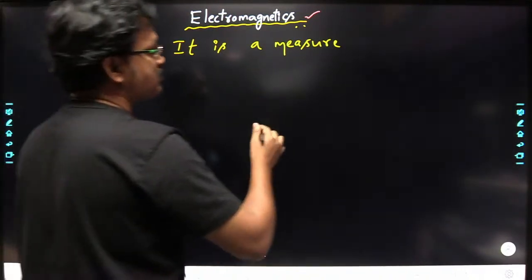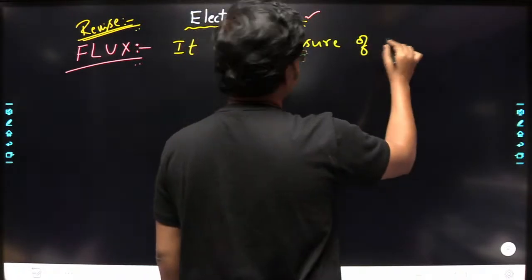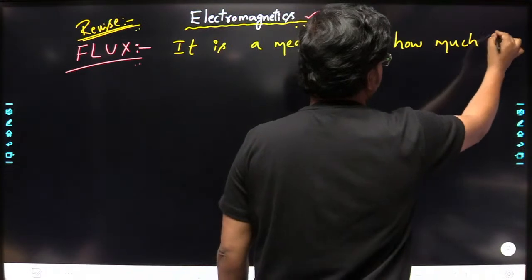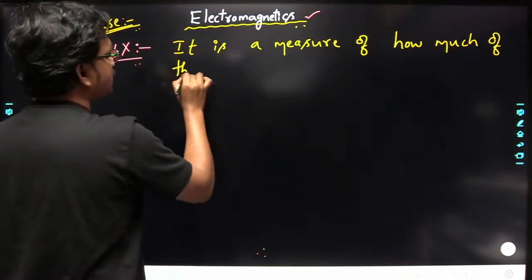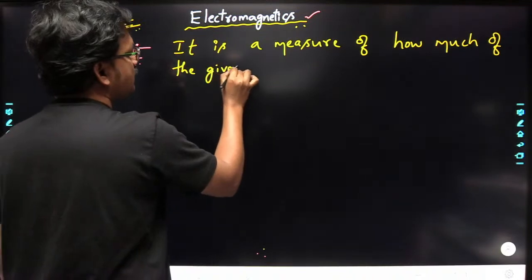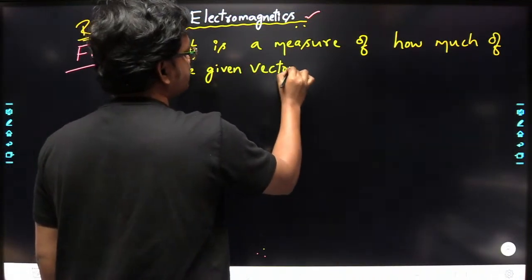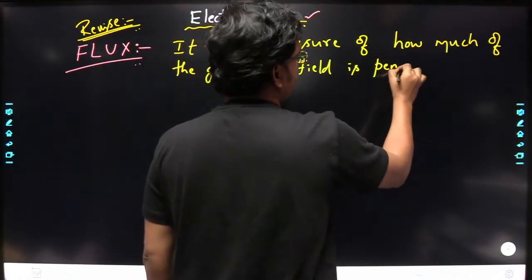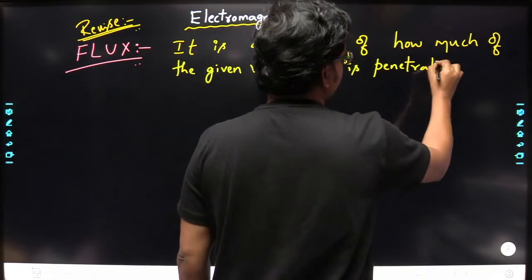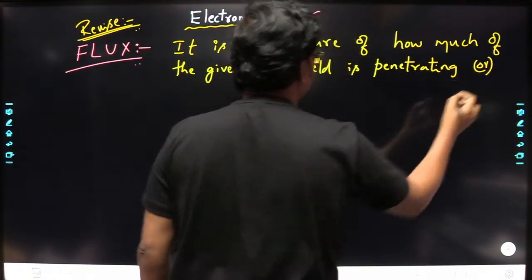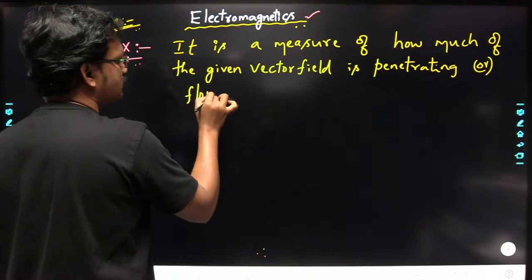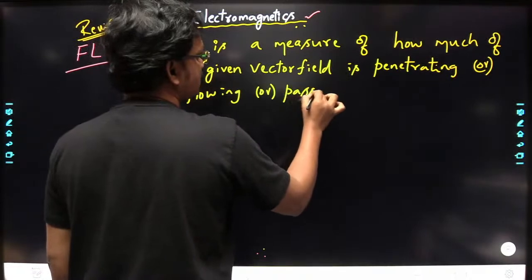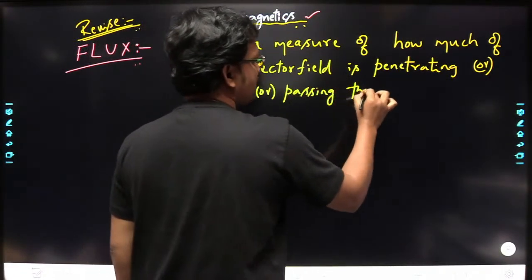It is a measure of how much of the given vector field is penetrating or flowing or passing through the given surface.